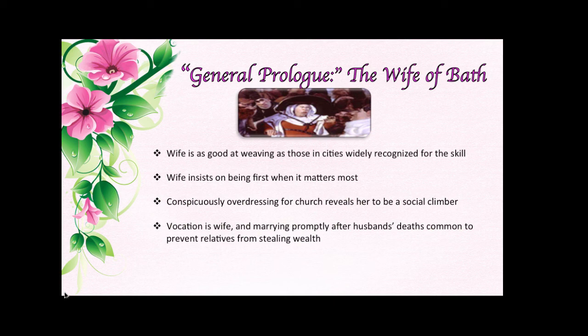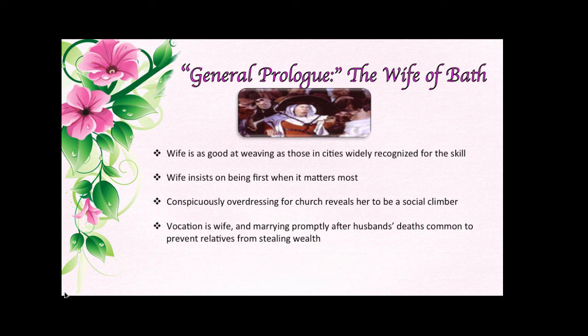But Cooper reminds us that in spite of her success as a weaver and her standing in her community and the importance of those things, the Wife's vocation is that of being a wife. And as Cooper says, she's as dedicated to it and pursues it as actively as the Knight does chivalry or the Parson does religion.